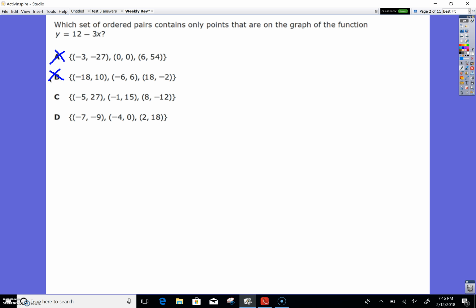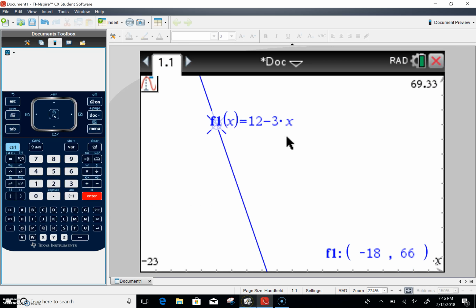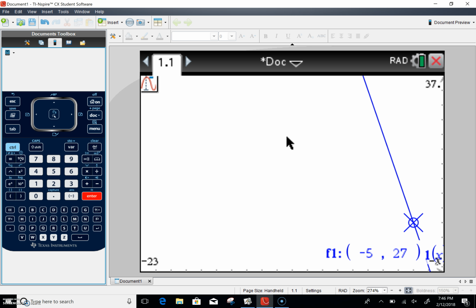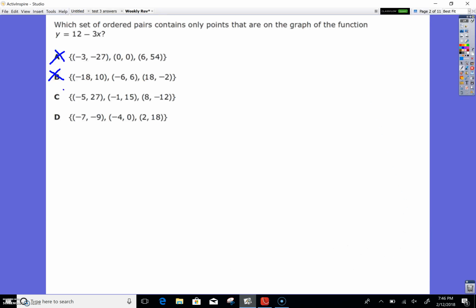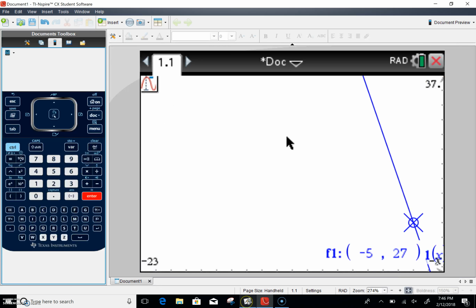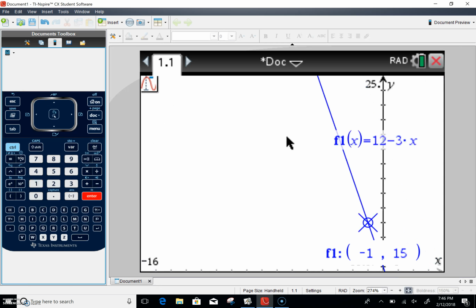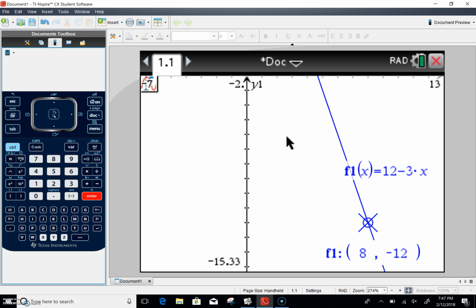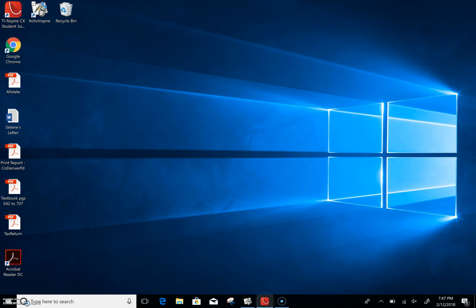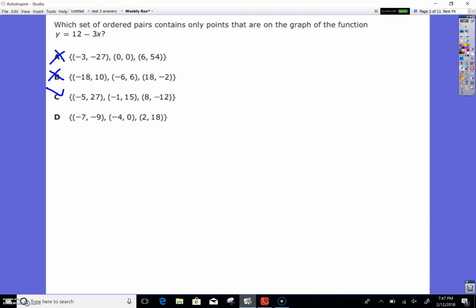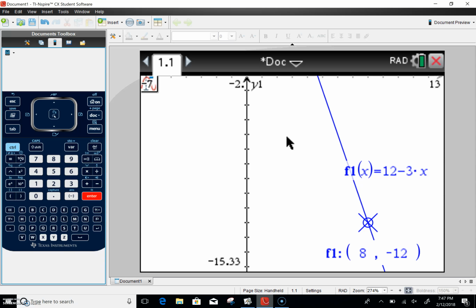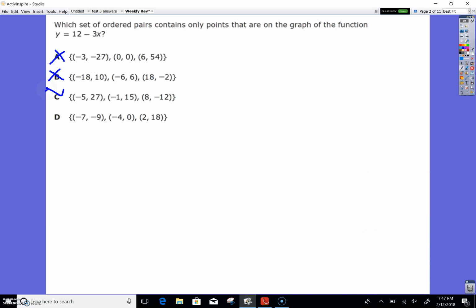So I'm going to try the next one, negative 5. Is 27. So this is correct. So I'm going to try negative 1 and then 8. Negative 1 is 15, and 8 is 12. Wrong button. 15, and if you look at it, negative 12. So this is correct.